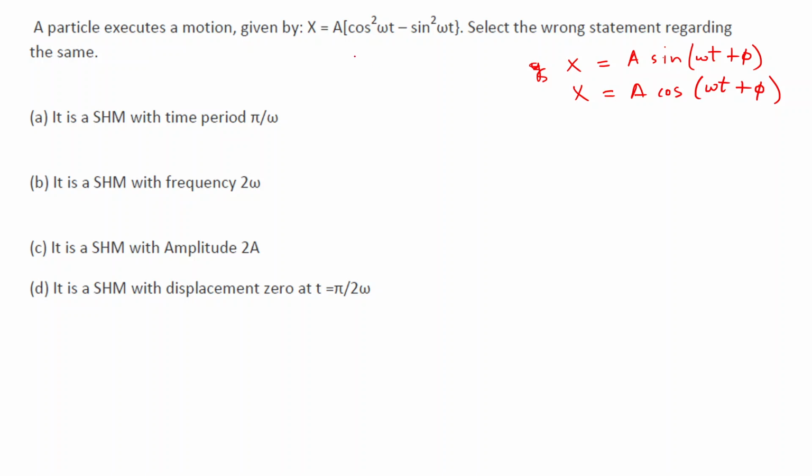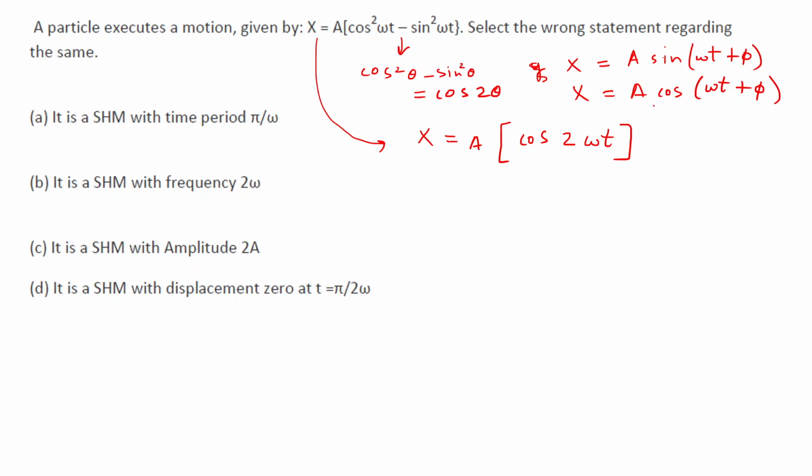Okay, so if you remember, cos square theta minus sine square theta is equal to cos 2 theta. So using this identity, we can change this equation to x is equal to A cos 2 omega t, since cos square omega t minus sine square omega t changes to cos 2 times theta, where theta here is omega t.